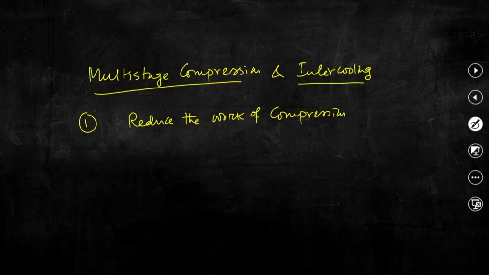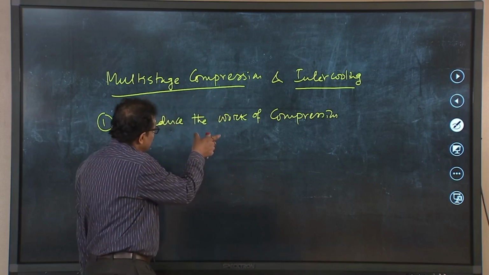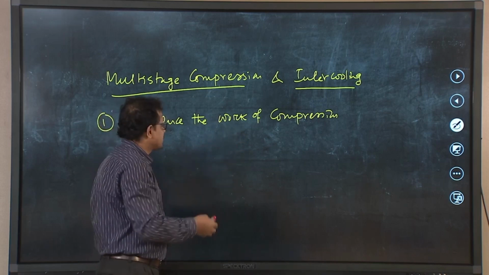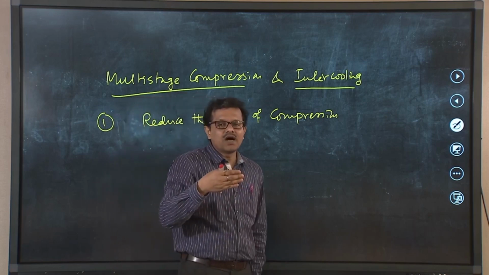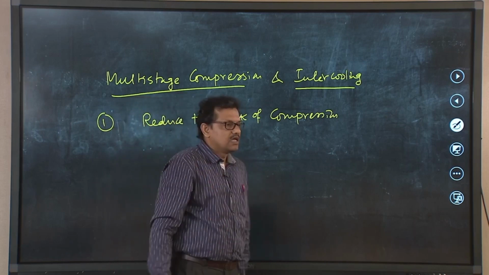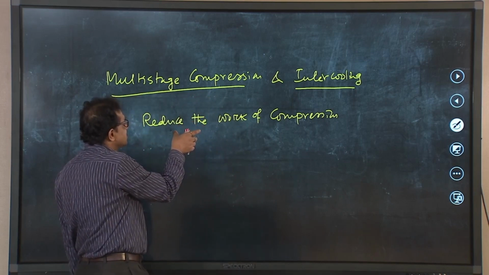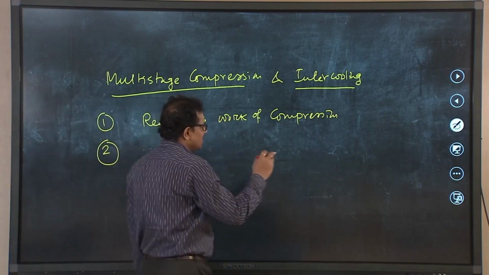Now, we can also increase that pressure using a single stage compression, but if we perform a single stage compression to develop such a high pressure, then all these advantageous features will not be there. So, the work of compression will be more, but if we use multistage compression, then the multistaging reduces the work of compression. Number 2.